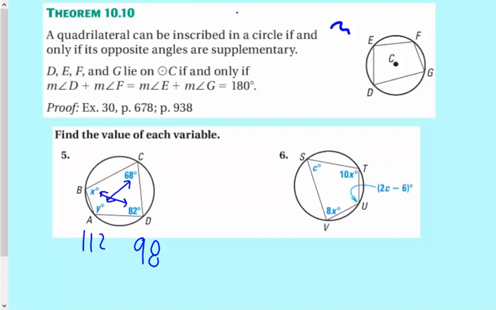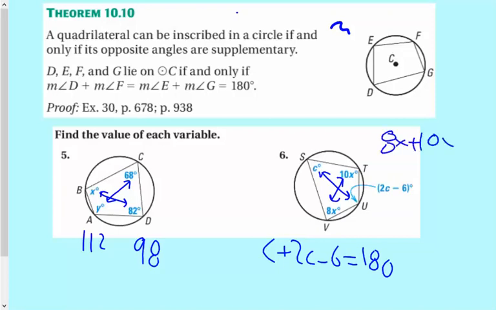And then here, c plus 2c minus 6 have to add to 180. You can solve that for c. And then 8x plus 10x have to add up to be 180. You can solve that for x.